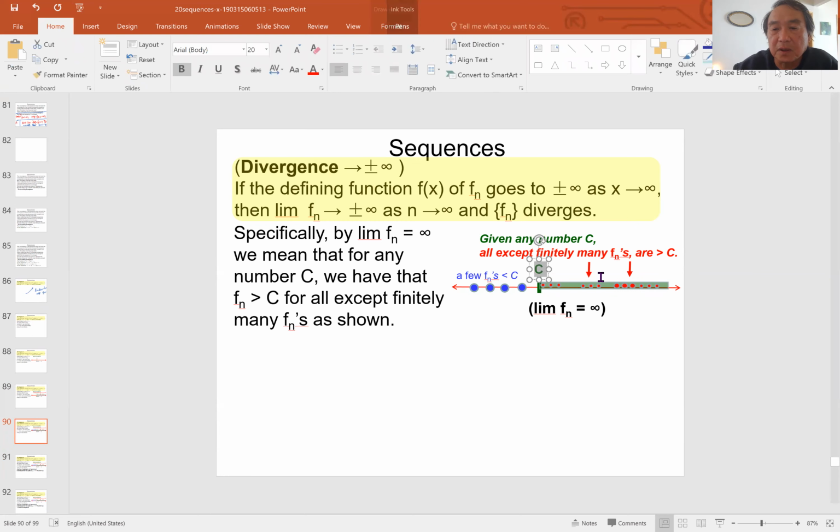I can move the c over here. So I talk about smaller, but still most of them are on the right hand side. There are only a few on the left hand side. Still fine. Okay, if that's true for every number c you place, and there are always infinitely many on the right hand side, the tail, and finitely many on the left hand side, then we say the sequence goes to infinity. Okay.